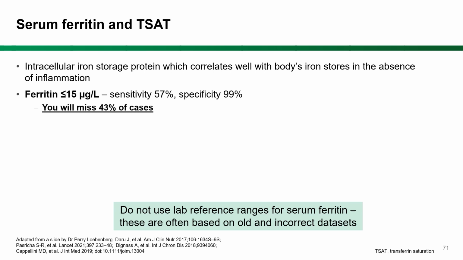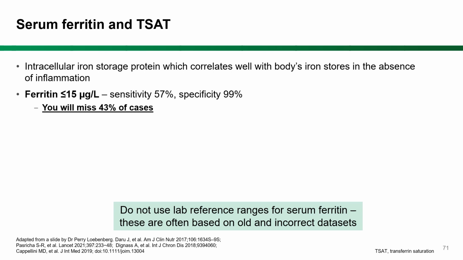There's also a problem with the low cutoff values used for ferritin by many labs. For instance, many labs will report a ferritin less than 15 only as being abnormal. The problem with that is that it has a very low sensitivity for iron deficiency, and you will miss about 43% of cases because of the lack of sensitivity.